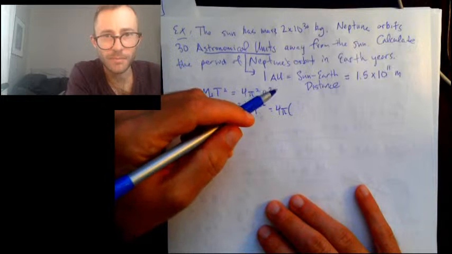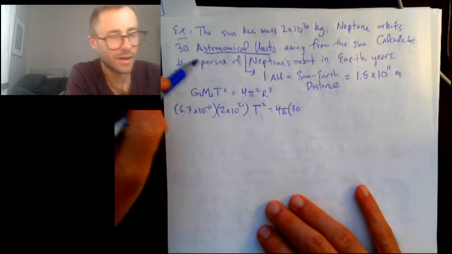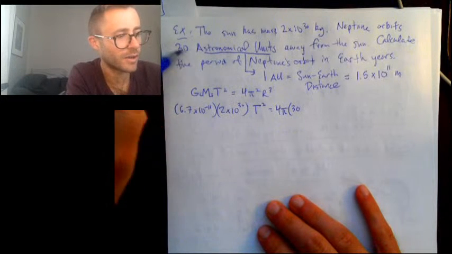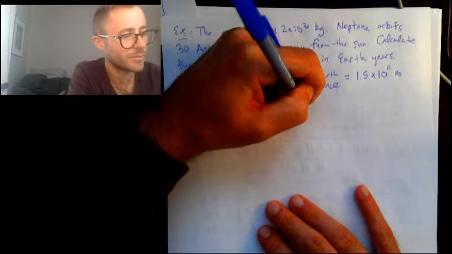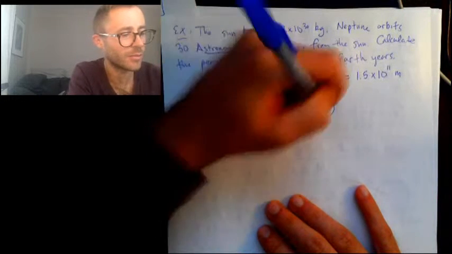Now for r, I can't just put in 30. This r is in meters, okay? So I have to convert 30 astronomical units into meters. So 30 times 1.5 times 10 to the 11th, and that number cubed.